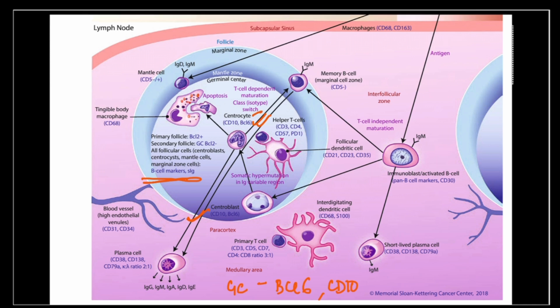But the plasma cells are the longer-lived cells and are going to produce antibodies of all the types, IgG, M, A, E, and they are positive for CD38, CD138, CD79, but negative for CD19 and surface immunoglobulin.